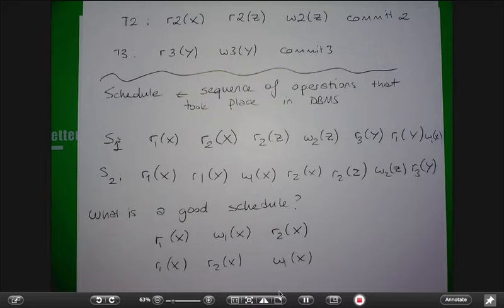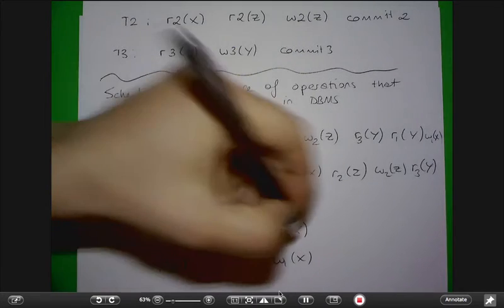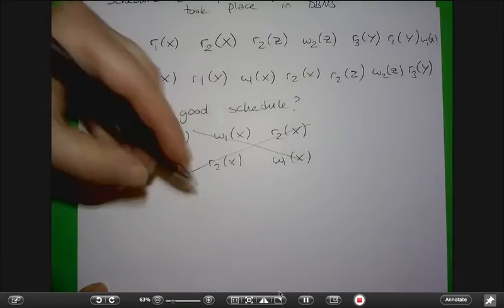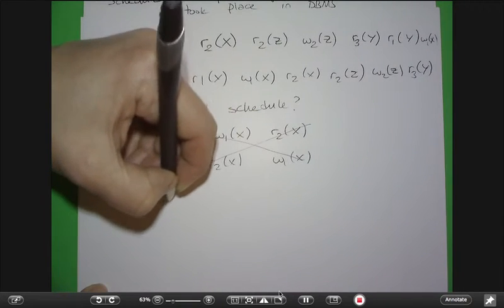This is the instinct that we want to develop. But before we do this, I'm going to give a much simpler answer, and then we will talk about this. So a good schedule is basically a serial schedule.